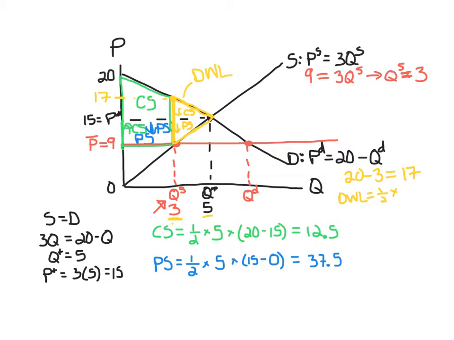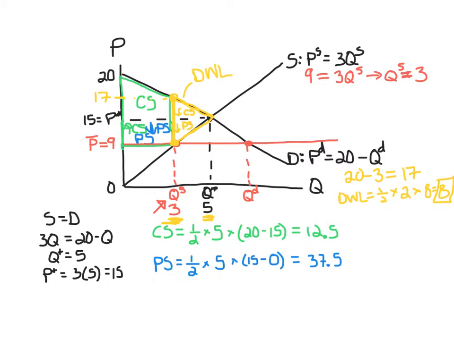So it's the distance from 3 to 5, right? So it's a distance of 2. And then the height of the triangle is from 17 all the way down to 9. So that's 8. Right? So our deadweight loss is equal to exactly 8 units, or $8 worth.